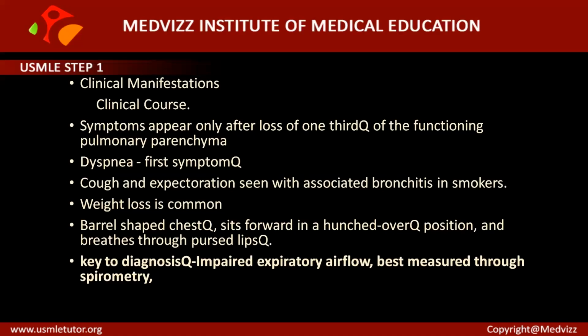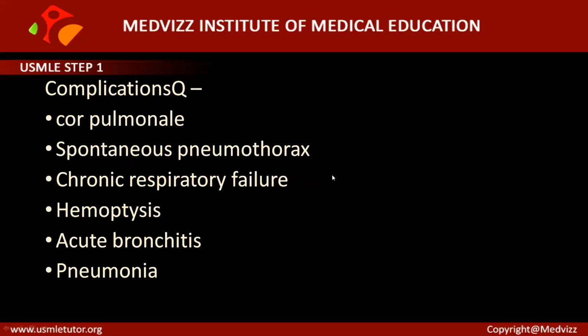So the key finding in such cases is impaired expiratory airflow. That's why, remember, we said it is a functional airflow obstruction during expiration. It is best measured through spirometry, and the FEV1/FVC ratio is decreased not only in emphysema but in all other chronic obstructive pulmonary diseases.